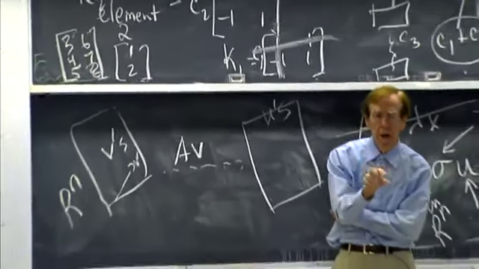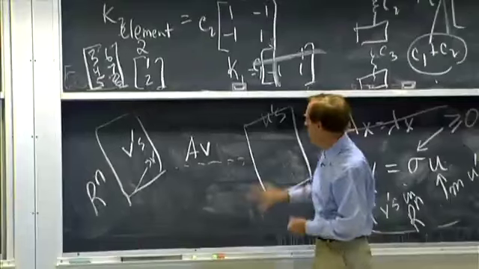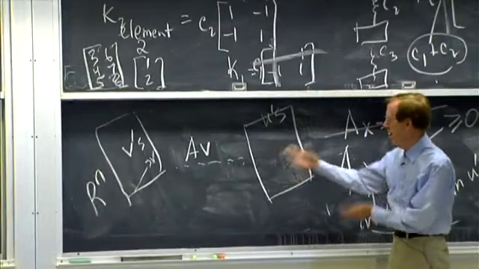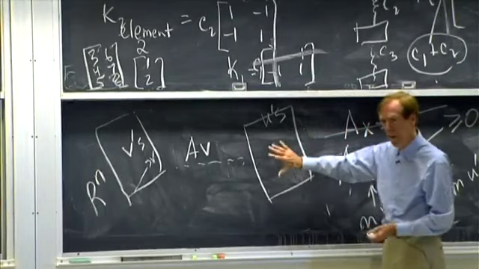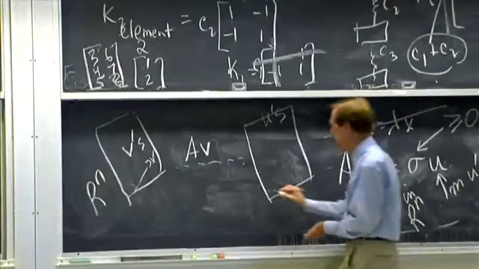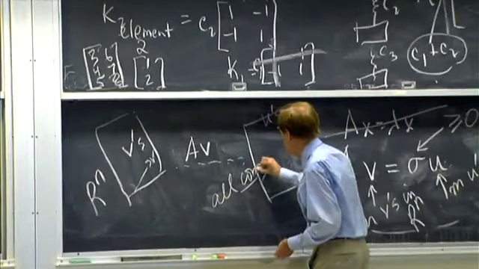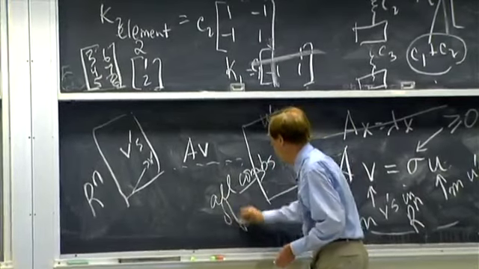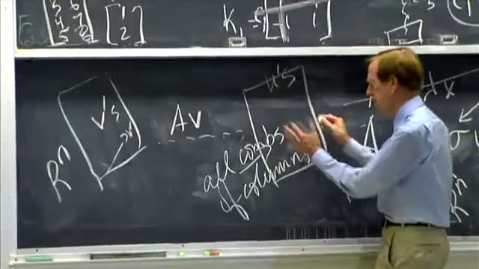It's a linear combination of the columns. So these are the outputs, the AVs. This space is called the column space. It's all combinations of the columns. That's the column space. It's a bunch of vectors.